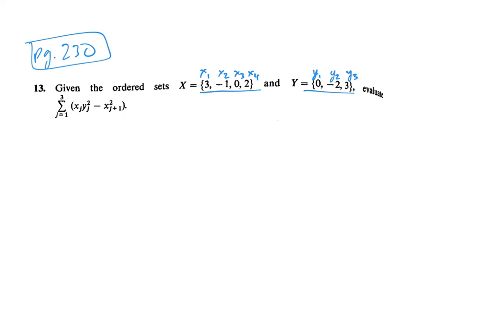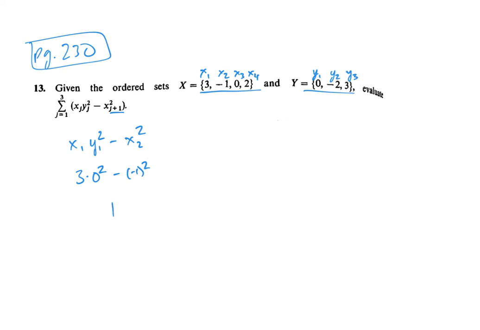All right, so on this summation, they want the first x term, the first times the first y term squared, and then the second one, I'm supposed to have the second x term, 1 plus 1, and whatever that is, square it. All right, so that's going to come out to 3 times 0 squared minus negative 1 squared. And all that comes out to 1.